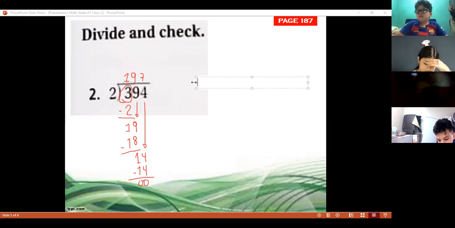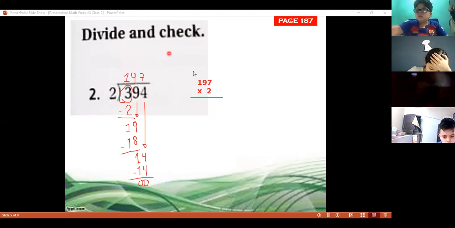197 times what? Number 2, which is the divisor. So in this way, we can check the answer and we say 2 times 7. What is the answer of 2 times 7? 14, that's right. So we write the 4 and we regroup the 1. 2 times 9. What is the answer of 2 times 9?